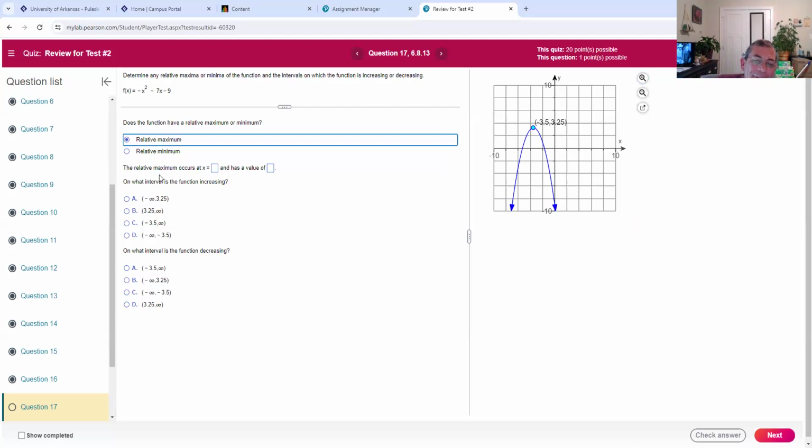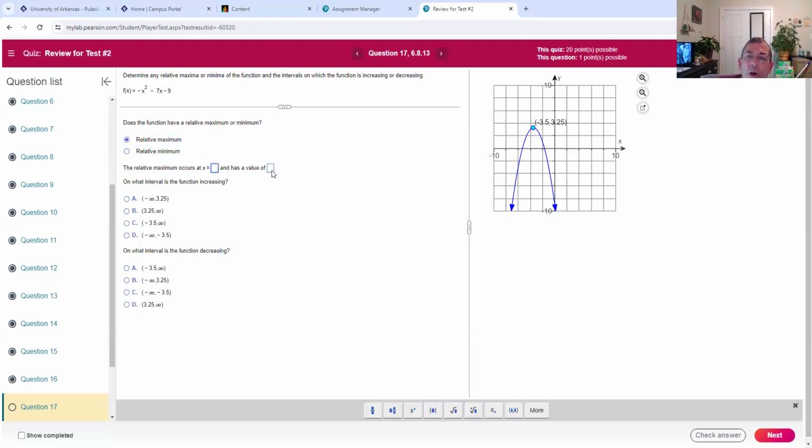now y'all listen, you can't miss it because if you put minimum, look what the next line says, the relative maximum. So they're almost giving you the answer for A because they're saying the relative maximum occurs at x equals what and has a value of what.